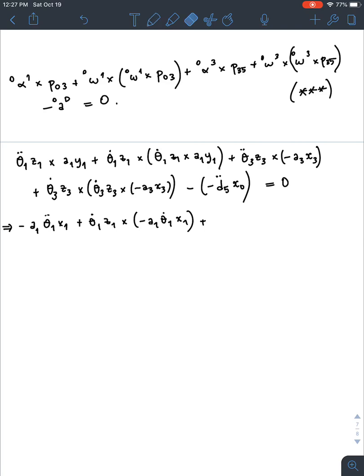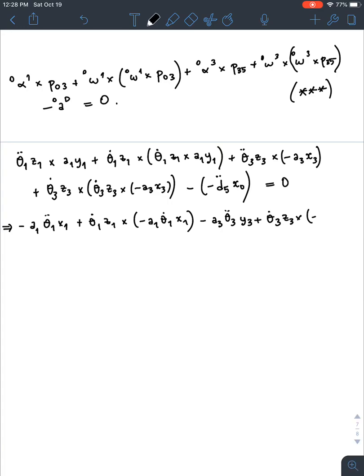z3 cross x3 is plus y3, but with a negative sign here means that I need a negative sign there. So this is a3 times theta 3 double dot in the y3 direction, plus theta 3 dot in the z3 direction cross z3 cross x3 is y3.